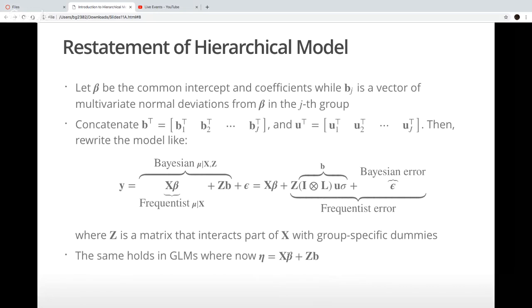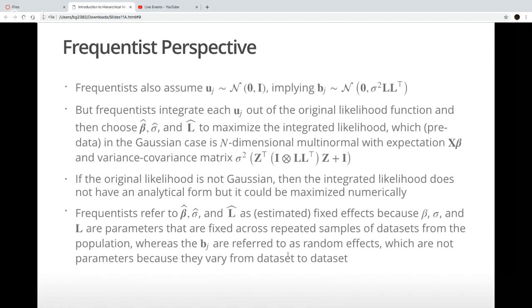We'll come back to this, but maybe it makes more sense to go to the next slide and try to explain what the frequentist perspective on these models is, but it's weird. It's weird because frequentists are also making an assumption that U is distributed independent multivariate standard normal across counties or whatever the groups are.